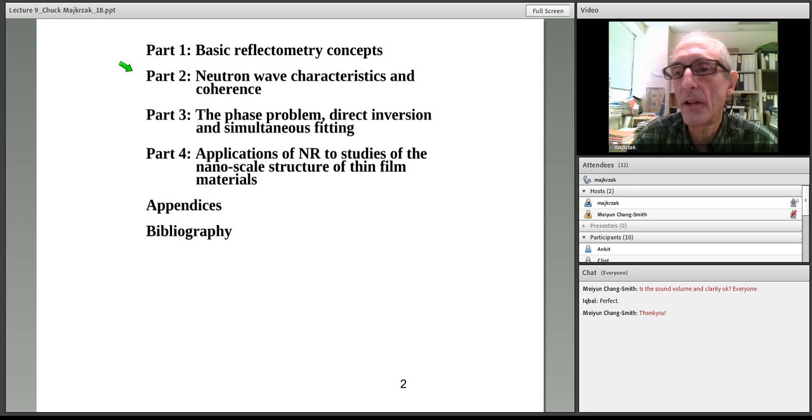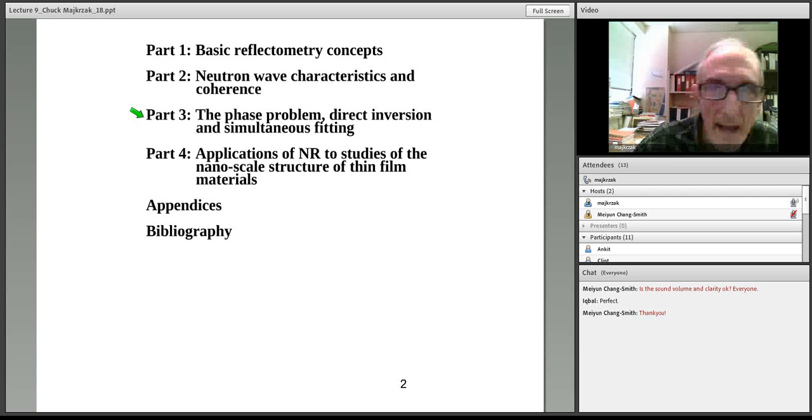After all, if we're going to use neutrons to study the structure of materials, and we're interested in getting accurate information, then we really need to know something about the probe that we're using to study the materials with. In fact, it's so important that we will devote part 3 to a discussion of the phase problem, about direct inversion and simultaneous fitting.